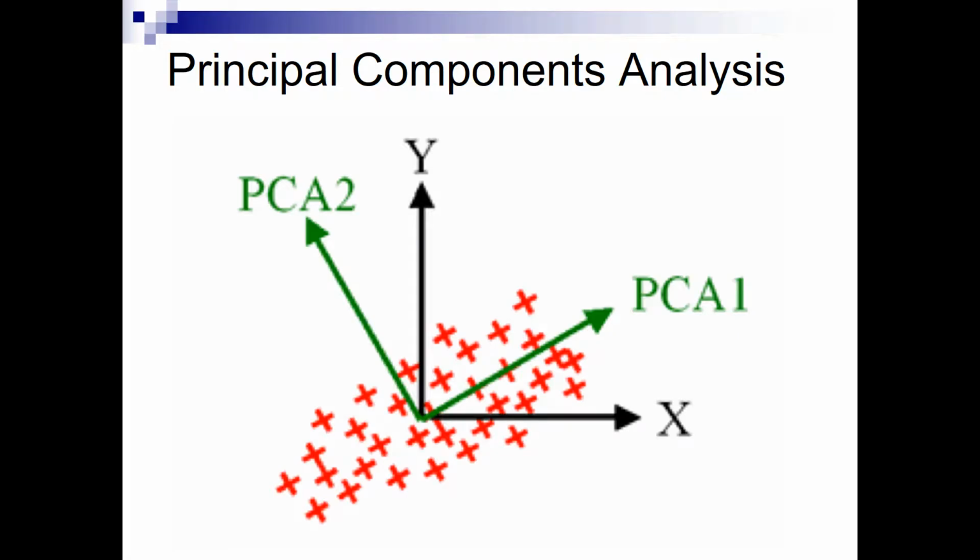Imagine then that these instances are represented with two different features, which we'll call X and Y. So you see the X and Y dimensions labeled on this slide. But these are not the only features that could be used to represent this space of data points. The green axes would be able to represent them as well.